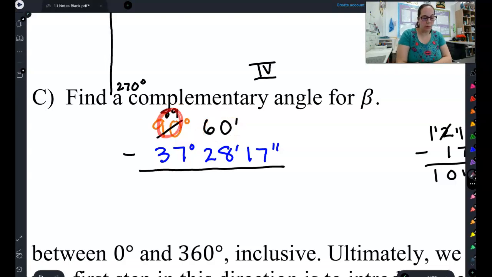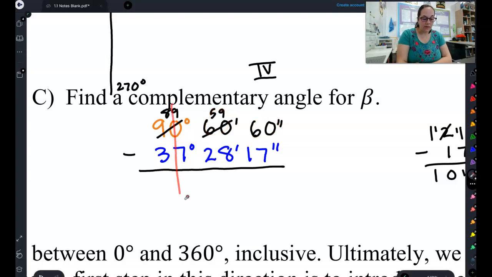So I borrowed 1 from here and carried it over to there. Then I'm going to do that again. I'm going to borrow 1 from this minute, turn it into 60 seconds. Because I know 1 minute is 60 seconds. So I borrowed 1 from here, carried it over to there.